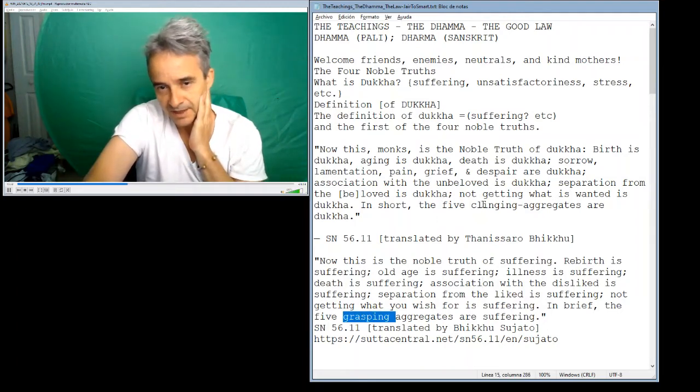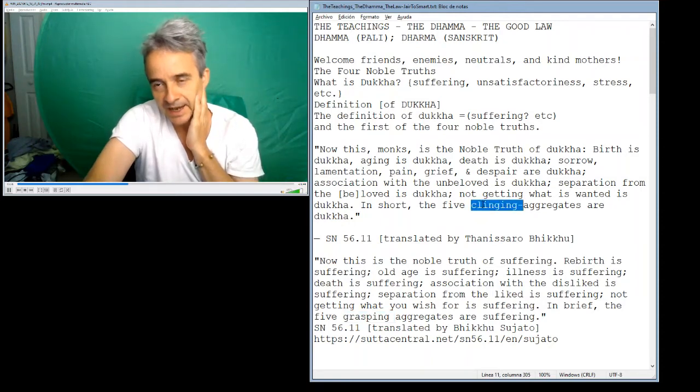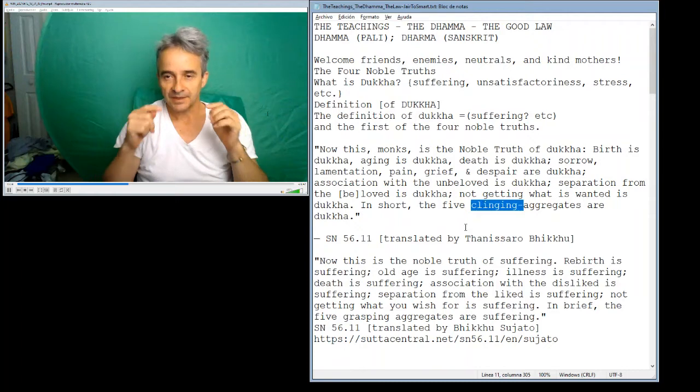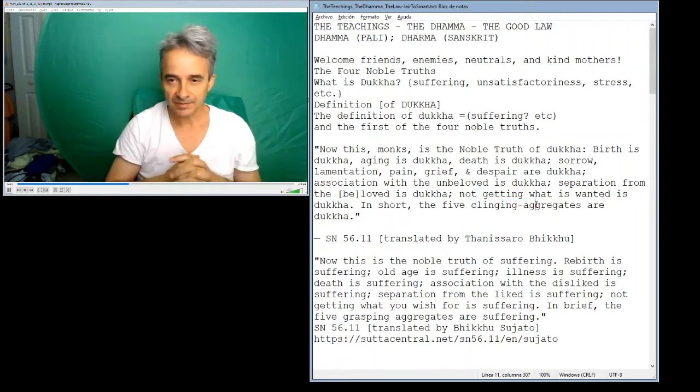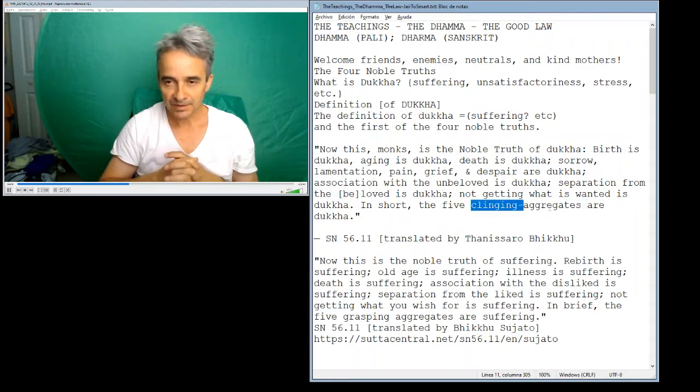The Ṭhānissaro Bhikkhu translation says the 5 clinging-aggregates. It puts a hyphen between clinging and aggregates. There could be a purpose for that.